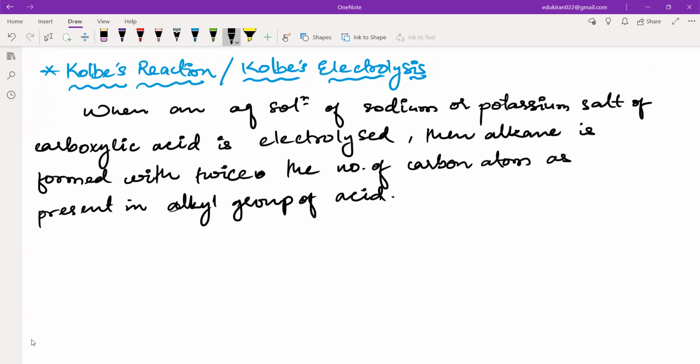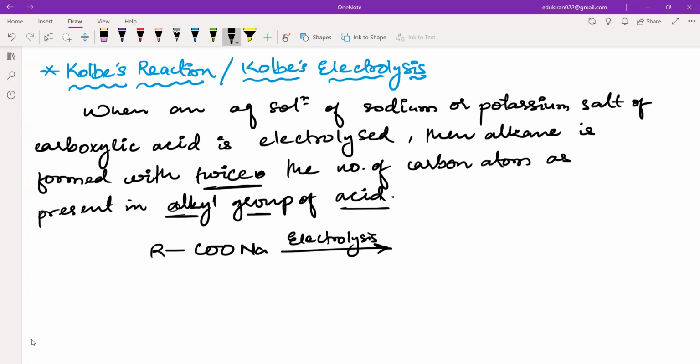Whenever I'm saying you will get the product which has twice the number of carbon atoms as the alkyl group of acid, that means if I have RCOONa, sodium or potassium salt of carboxylic acid, and I electrolyze it, you are going to get R bonded with R. So not RC.